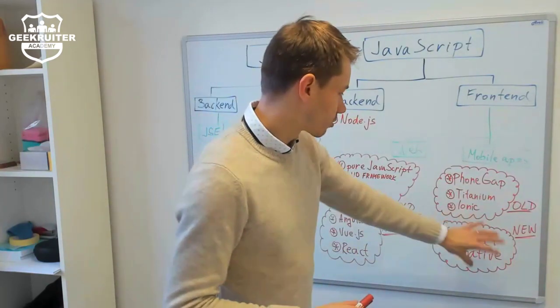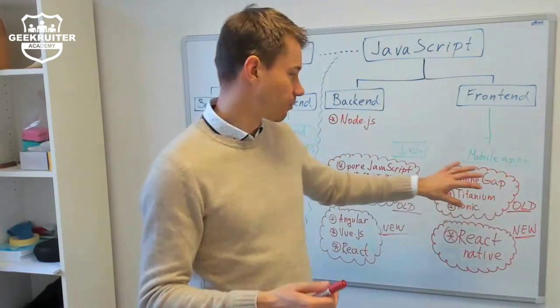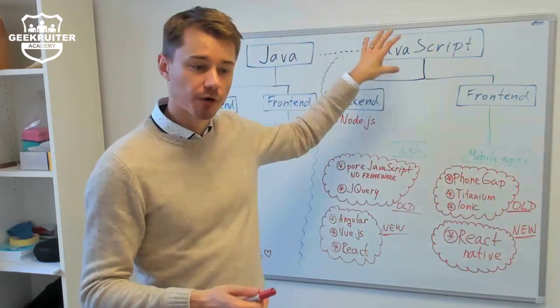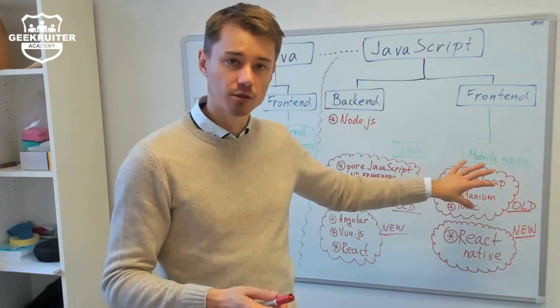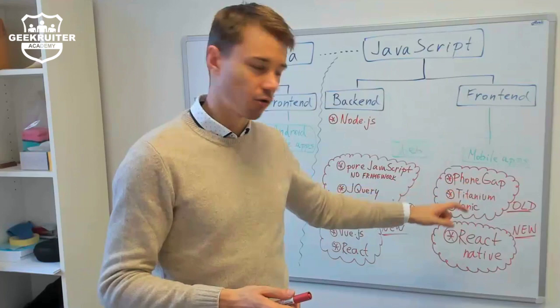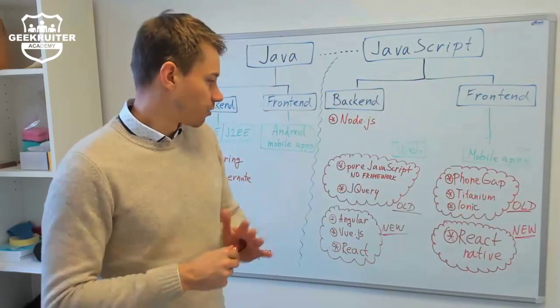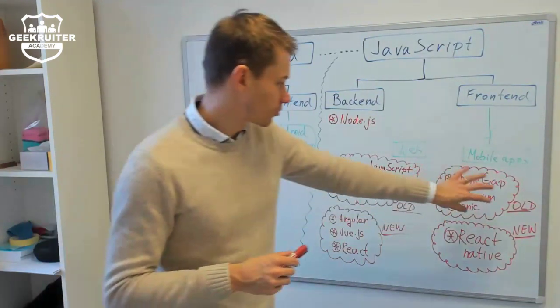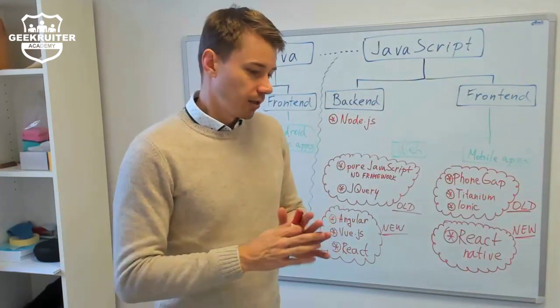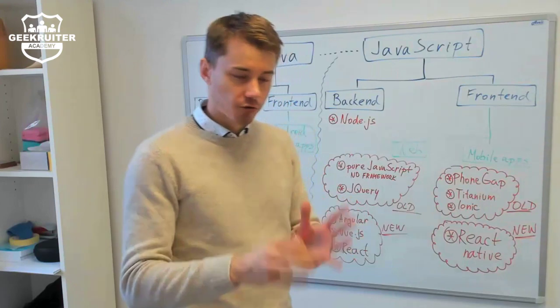So React Native is considered new, while some of the old technologies that use JavaScript as the programming language are considered old, say it could be PhoneGap or Titanium Accelerator or Ionic. PhoneGap, Titanium, they are still fine. They generate native apps.